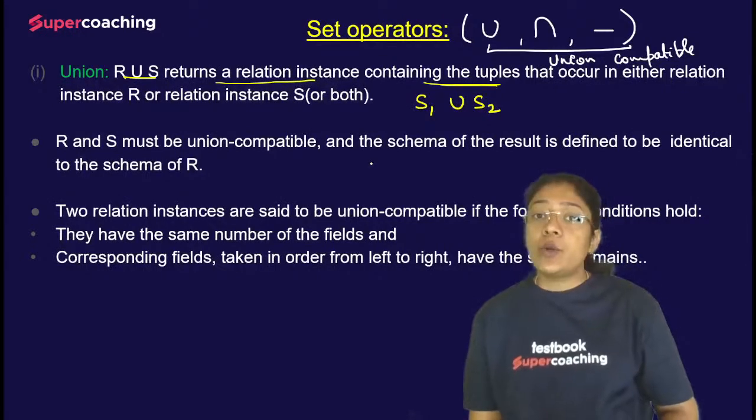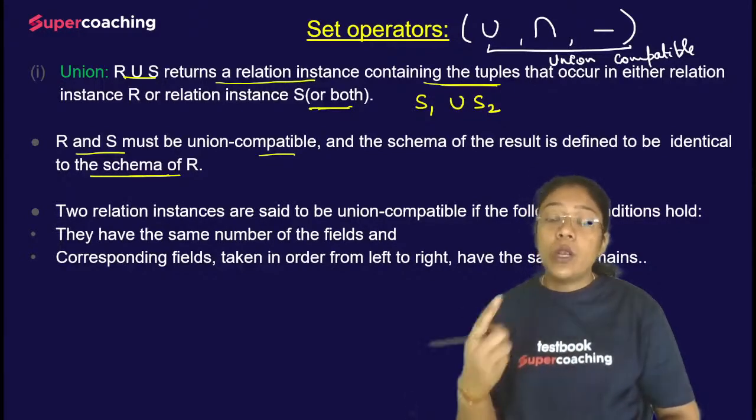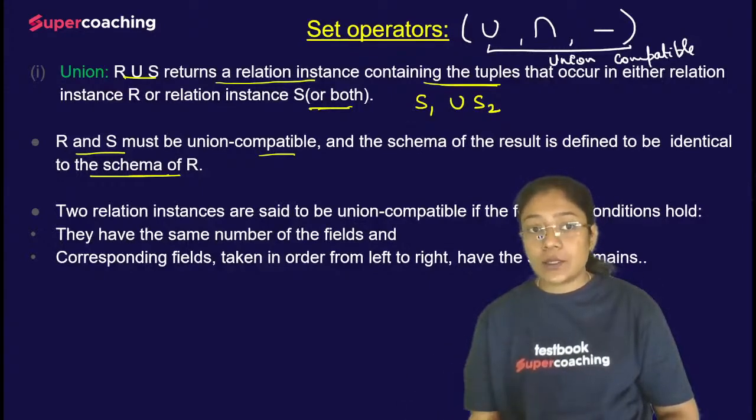So here we will have the entries which are either present in S1 or present in S2, or in both. So R and S must be union compatible and the schema of the result is defined to be identical to the schema of R. Schema means structure, which will be the same for the resultant table as well.